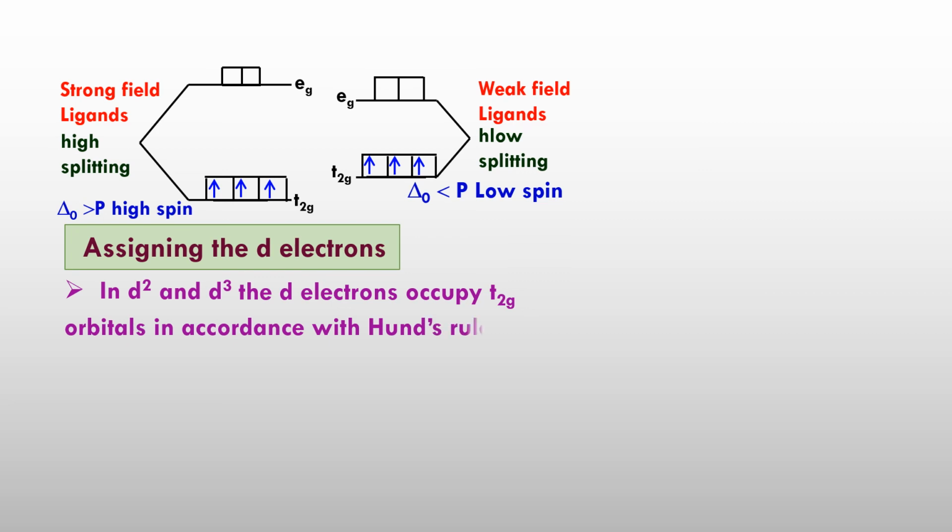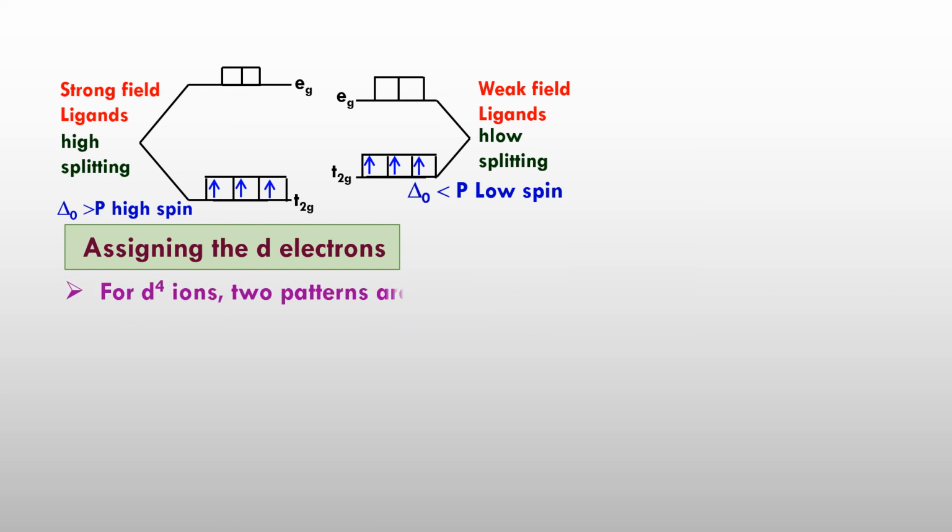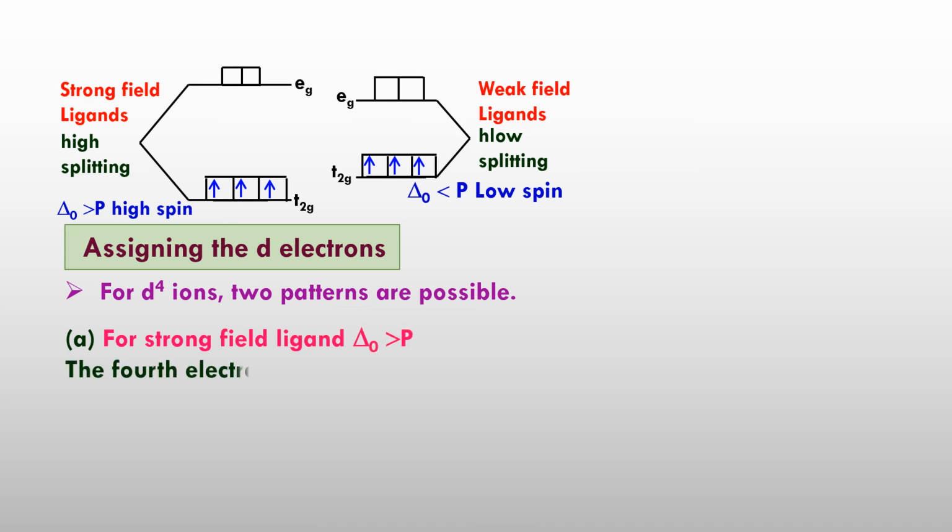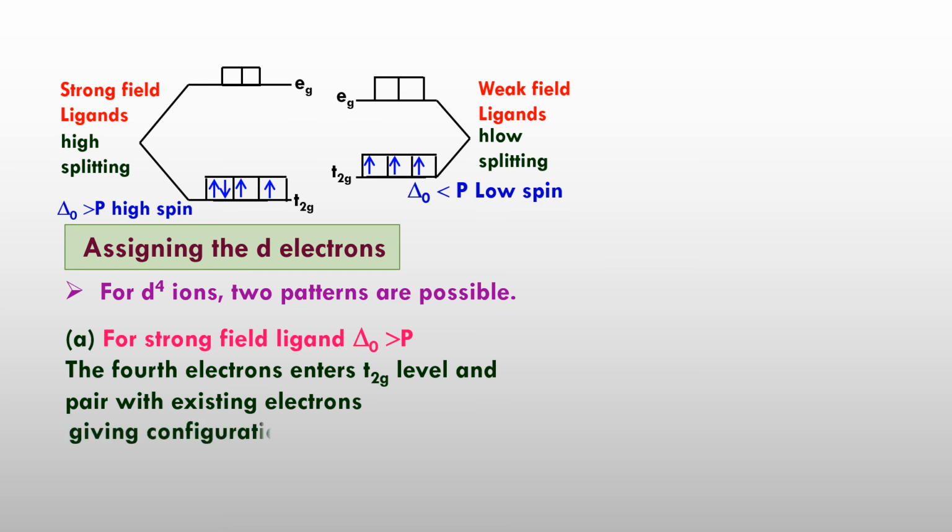But when you fill the fourth electron, in strong field ligands there will be pairing. But in a weak field ligand, it enters the higher energy orbital, that is the eg orbital. The fourth electron enters the higher energy orbitals.